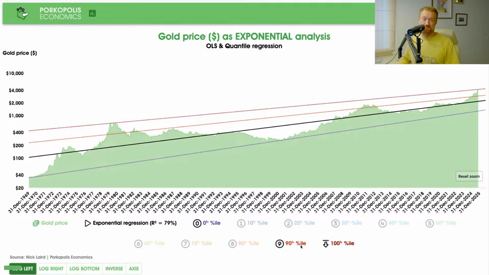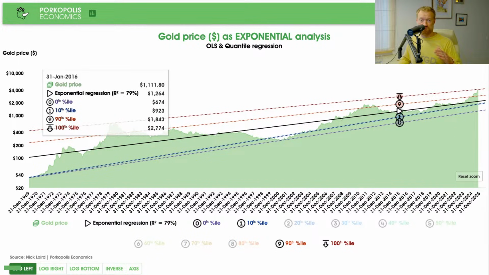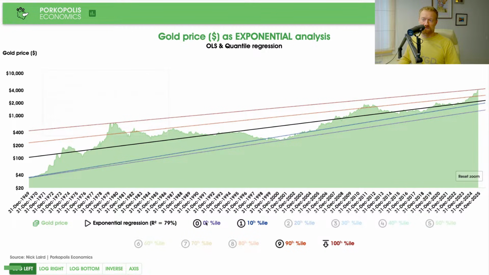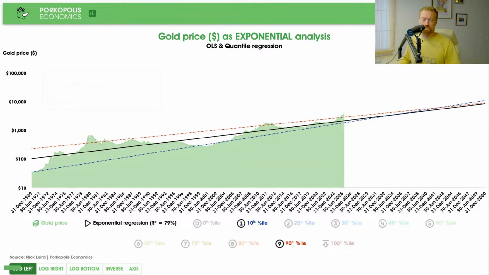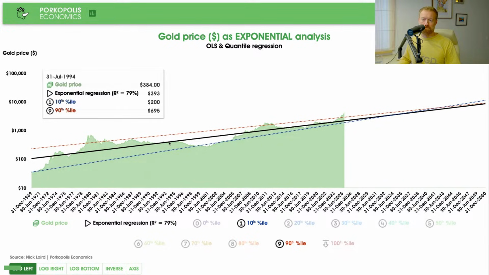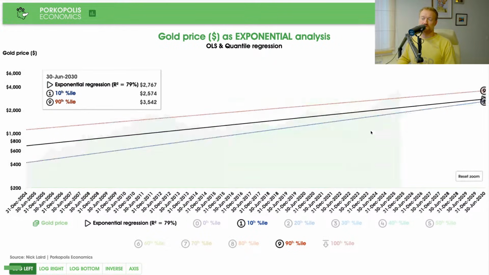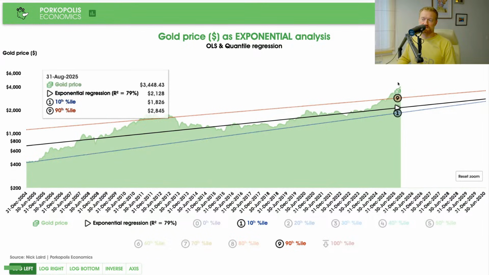90th catches you much more. 10th on the other side, you see the different slopes. This is what a quantile regression does. So let's even zero in and take off the most extremes. Let's just look at this right now. So we're extremely rare if we consider this pump.